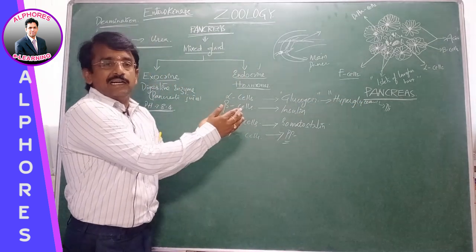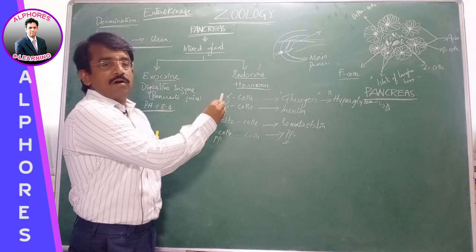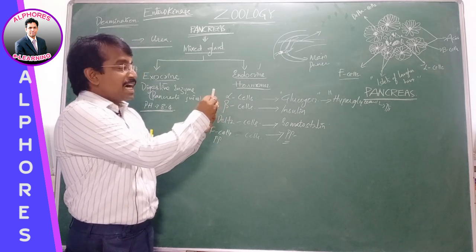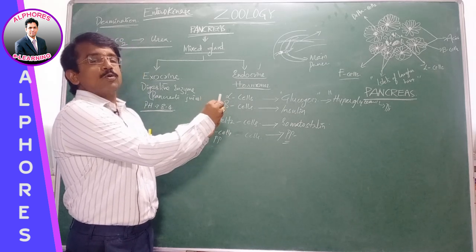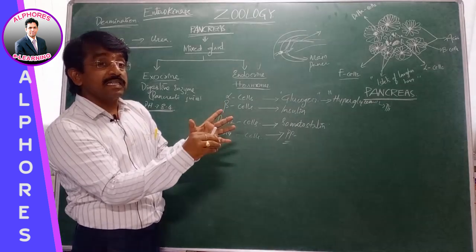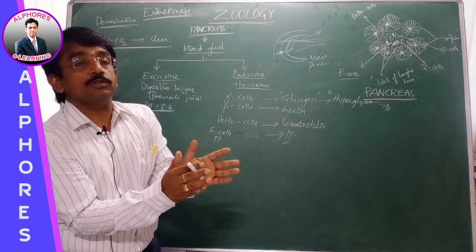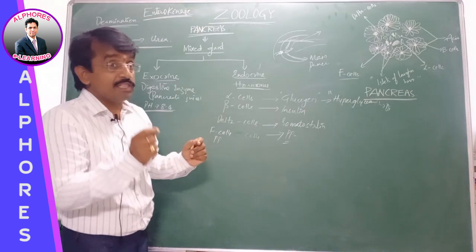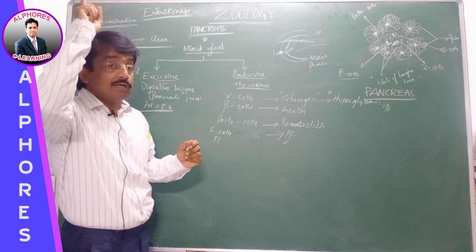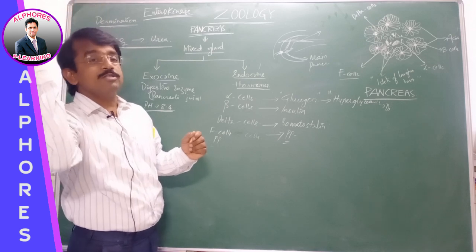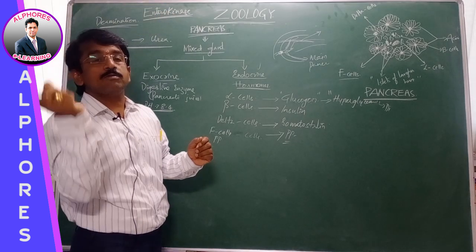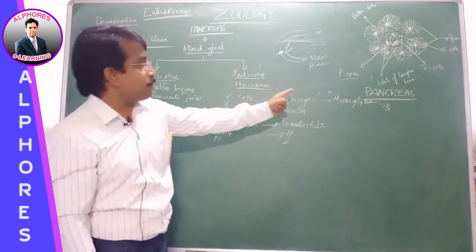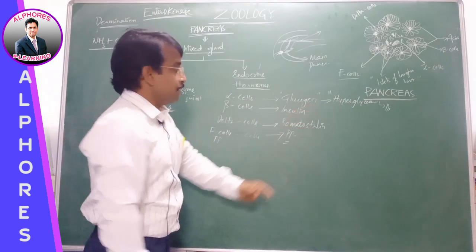So the glucagon secreted from the alpha cells converts the glycogen into glucose. So it is breaking down of glycogen. So it is glycogenolysis. That's what we learn with the help of glucagon in the liver. The glycogen is converted into glucose, glycogenolysis. That's why it is hyperglycemic.